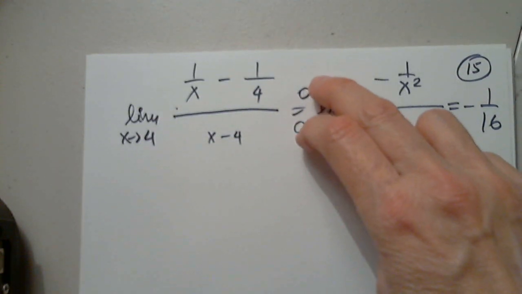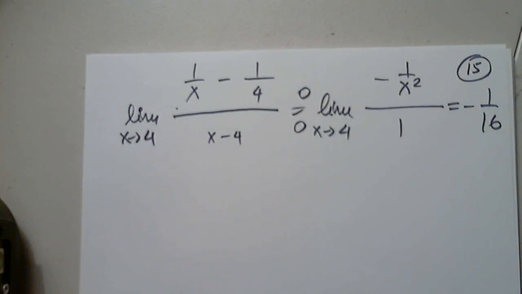And the initial assessment is 0 over 0. L'Hopital's rule is in chapter 4, but I never wait till chapter 4. I always use it right after we learn differentiation rules.